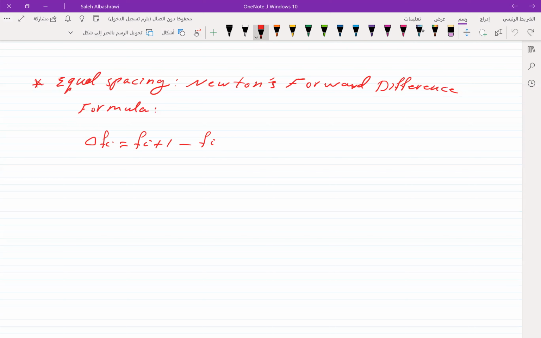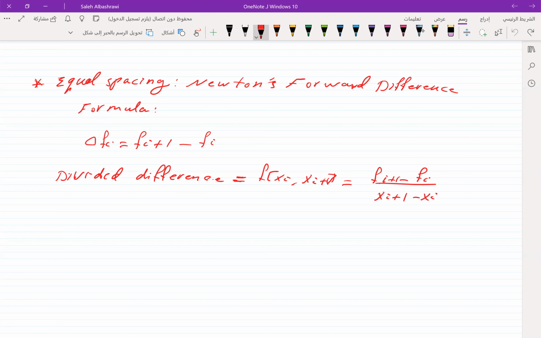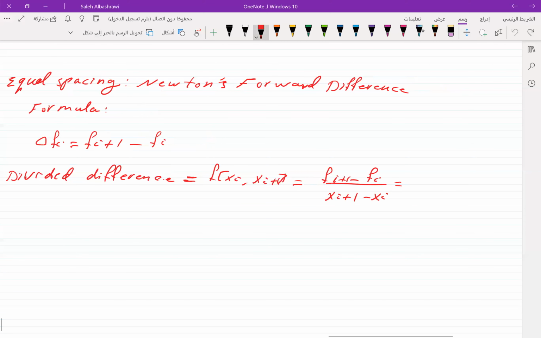This is the difference operator, and the divided difference is given by f of x_{i+1} minus f of x_i divided by x_{i+1} minus x_i, or just can be written simply as delta f_i divided by x_{i+1} minus x_i.